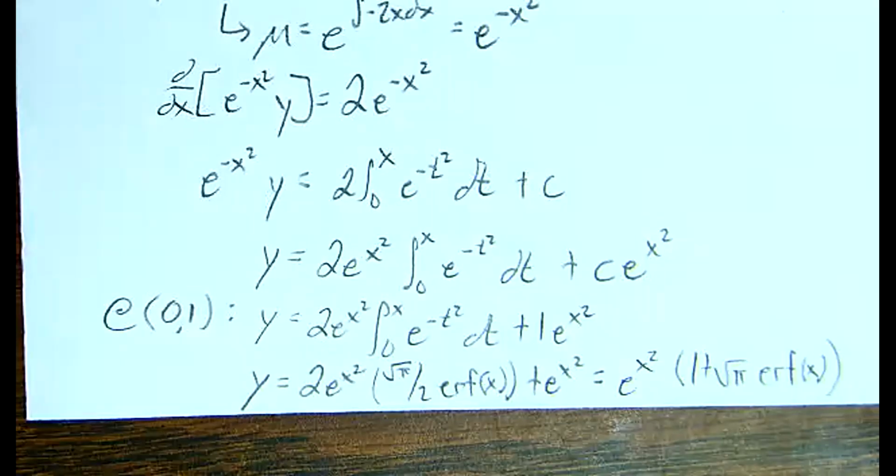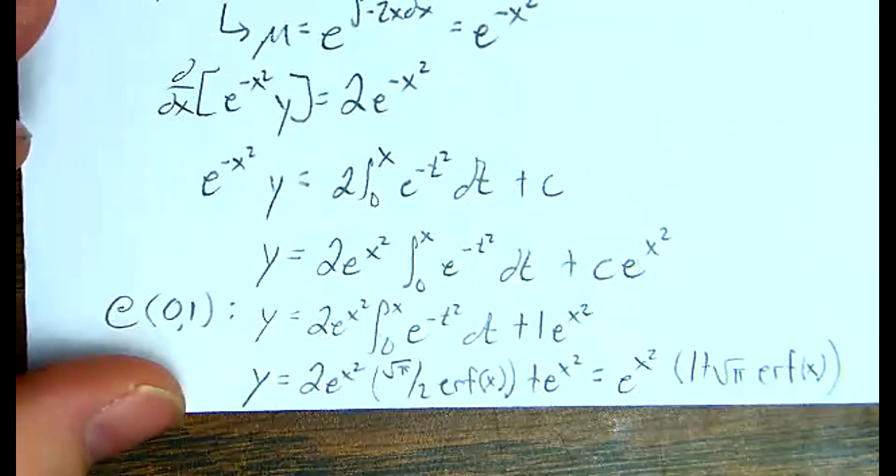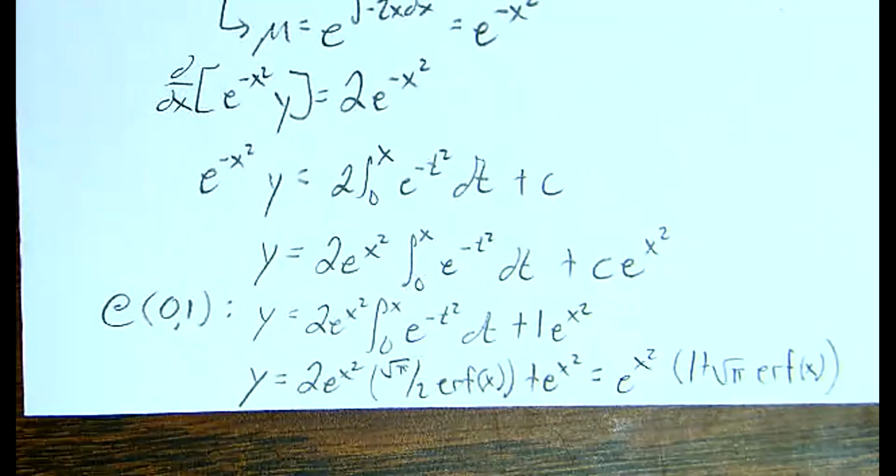And so while we couldn't get rid of the integral in our solution, we can at least make it look pretty by using erf of x instead of an integral.